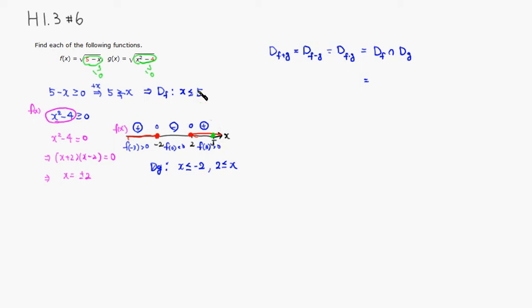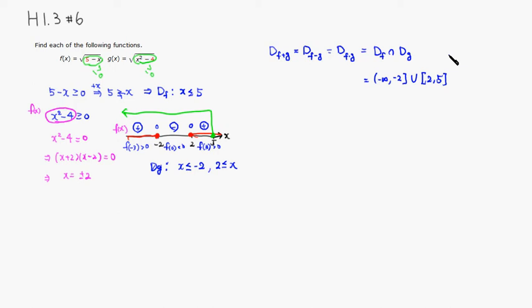This is the domain of f. The intersection would be something less than or equal to negative 2, so negative infinity to negative 2 with a bracket, then also between 2 and 5. That's the domain of those three: f plus g, f minus g, f times g.